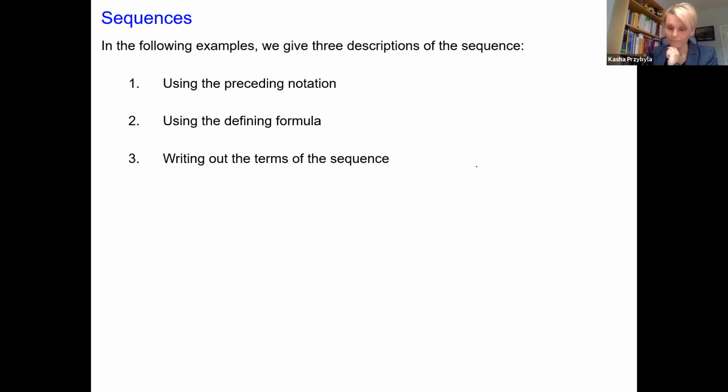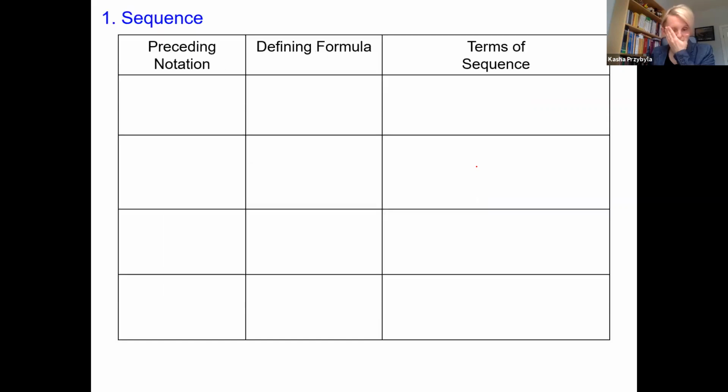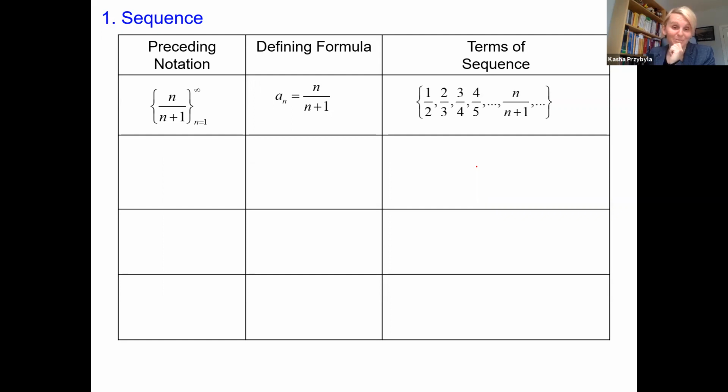Okay, and then I have a few examples. Yeah, the formula notation: we may have a formula like n over n plus 1. Or I can rewrite it as a function, a sub n equals n over n plus 1, or I can list all of the terms.